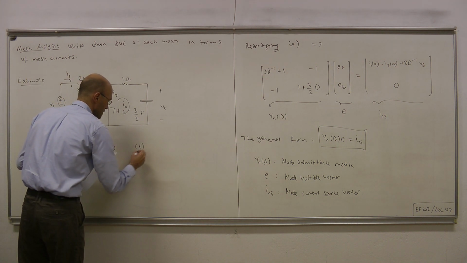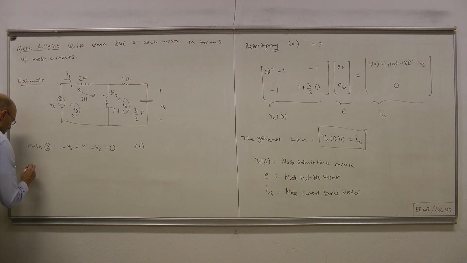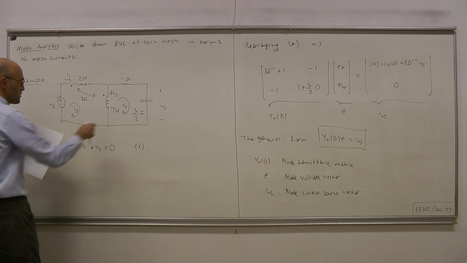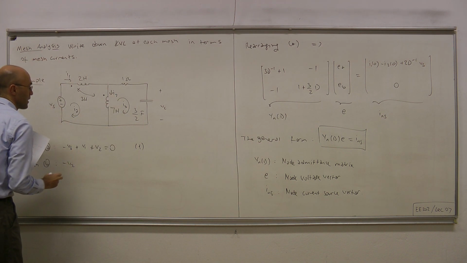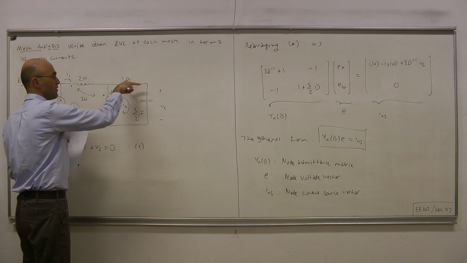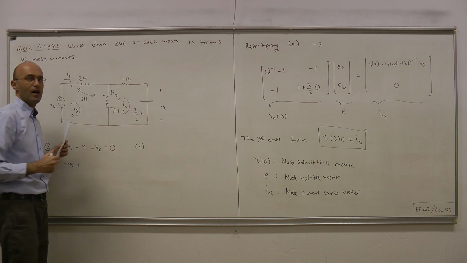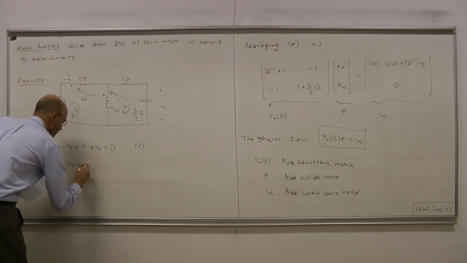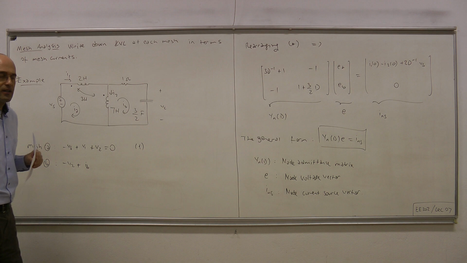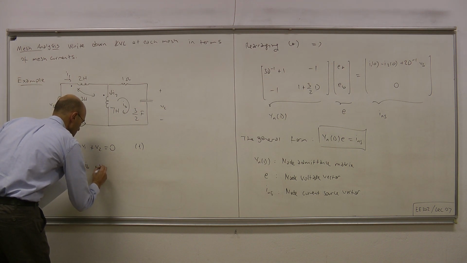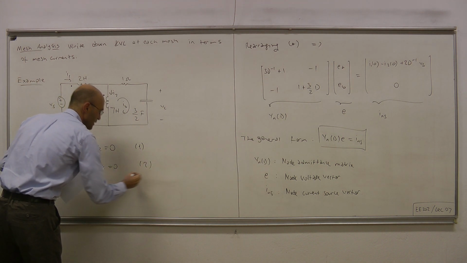This is our equation 1. And the other mesh yields, starting from this point, minus V2, plus this voltage 1 times IB, finally plus the voltage of the capacitor, VC, equals 0, equation 2.